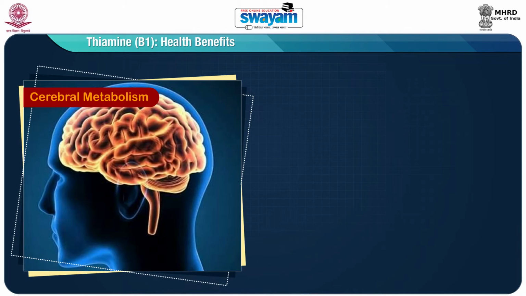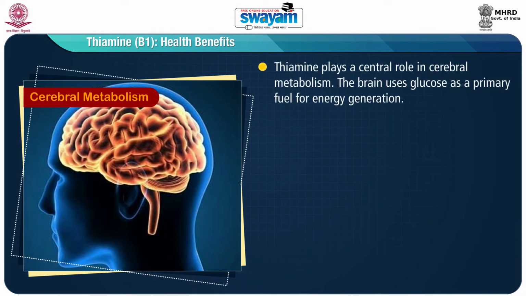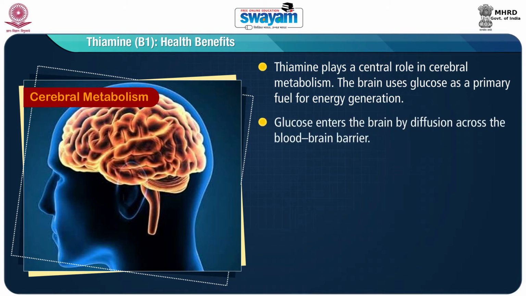Now, role of thiamine in cerebral metabolism. Thiamine plays a central role in cerebral metabolism. The brain uses glucose as a primary fuel for energy generation. Glucose enters the brain by diffusion across the blood-brain barrier.